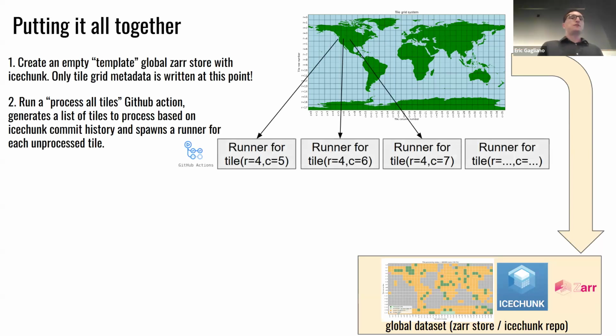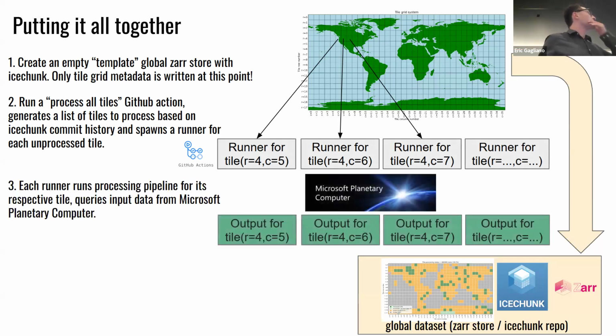And then what we can do is run a process all tiles GitHub action that basically spins up some runners, one for each of the unprocessed tiles. And so each runner is going to run its own identical processing pipeline, but only for its own respective tile.